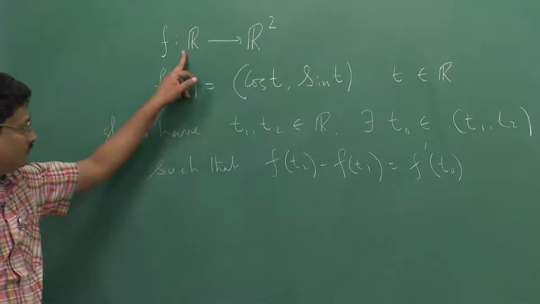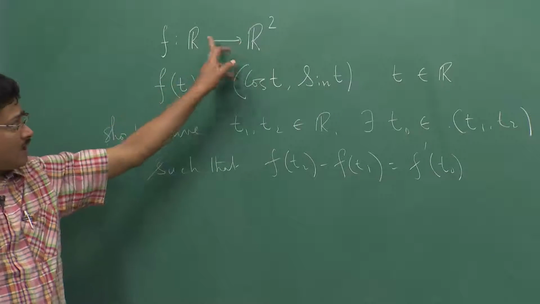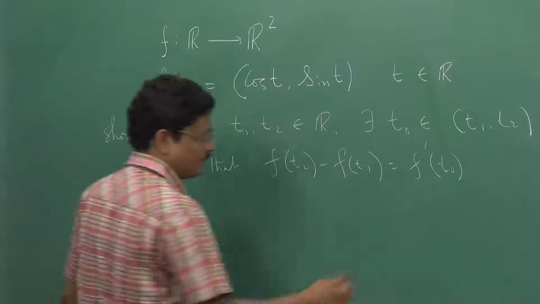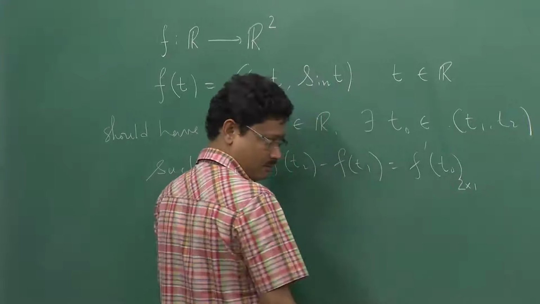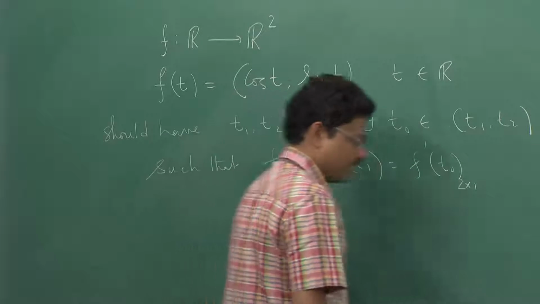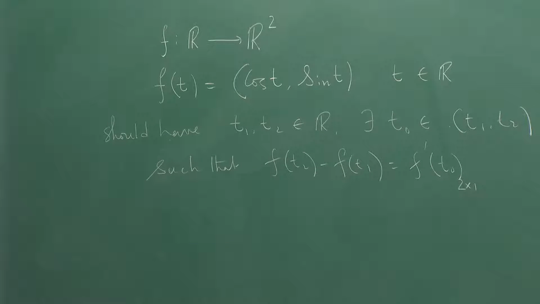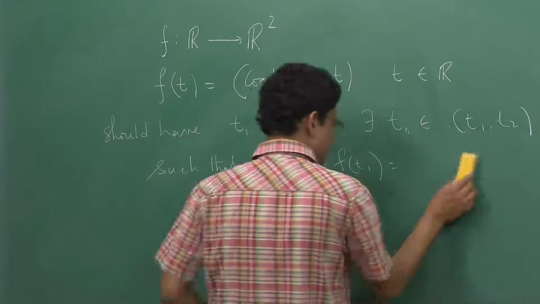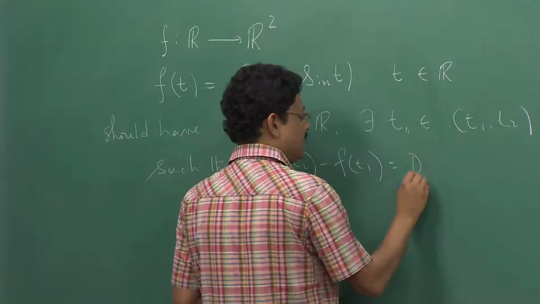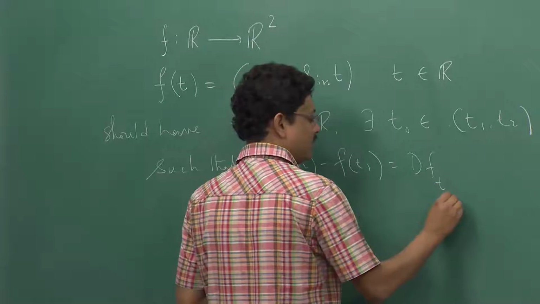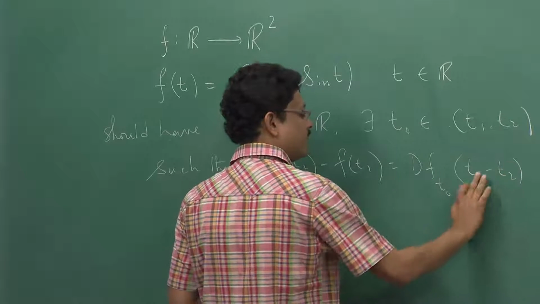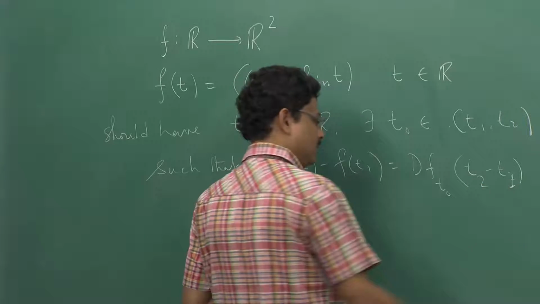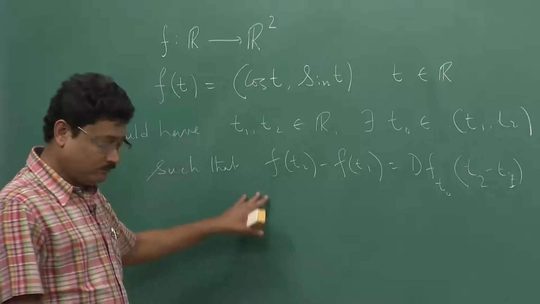F is from R to R2, so this is a 2 cross 1 vector, right, or should I write df according to our notation, df at T naught acting on T2 minus T1. Okay, this should be true.